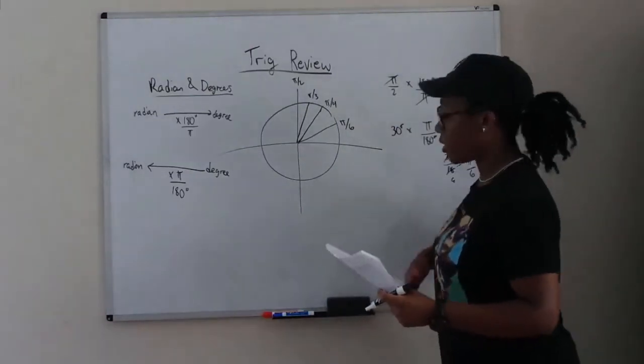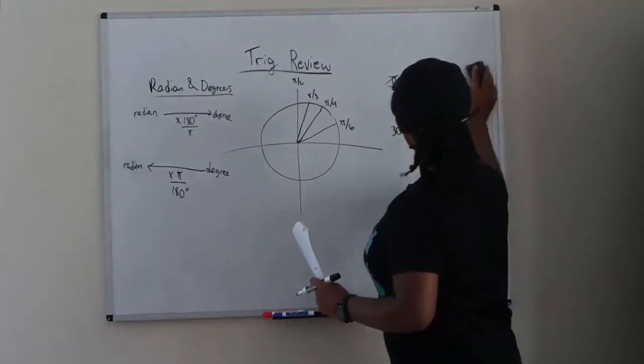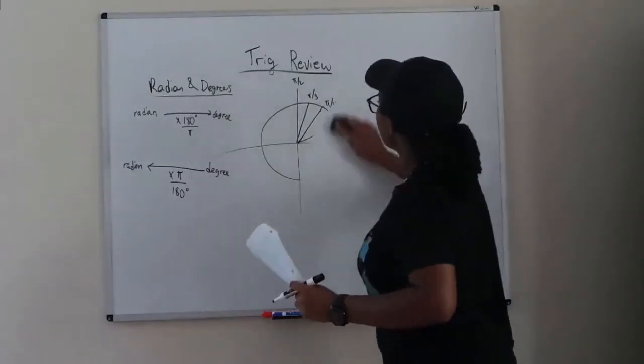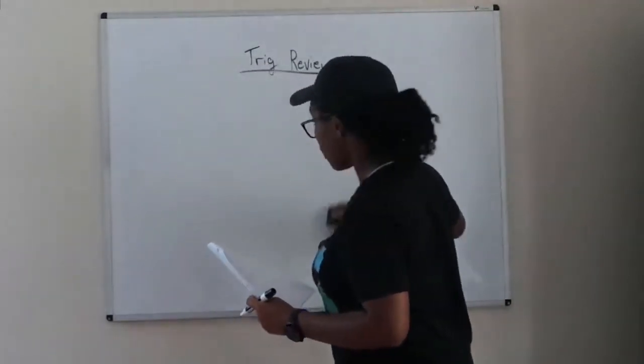So this is just a quick overview of the unit circle, radians and degrees, the trig functions, things like that. So you'll get a good basis of understanding for all of those things.